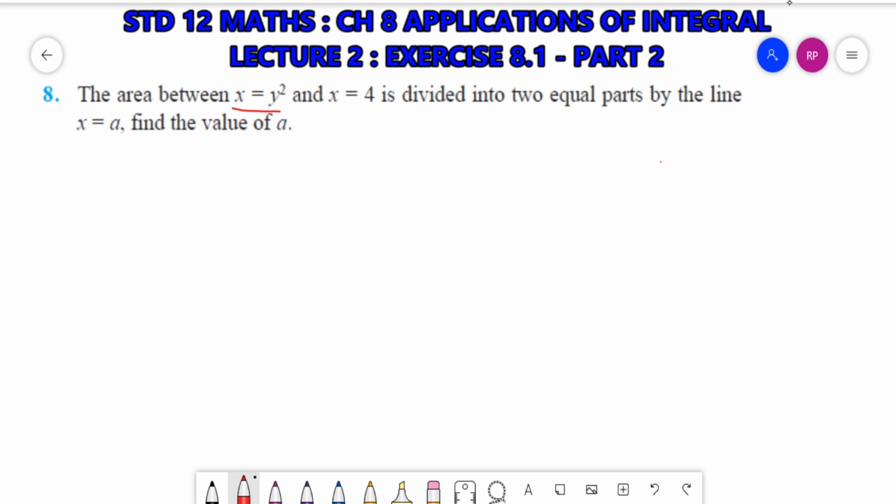First, just rearranging this curve, I will get y square is equal to x. So this is the curve of a parabola. Okay, so if I draw this curve, it will be like this. Now between x equal to 4, so this will be the line.